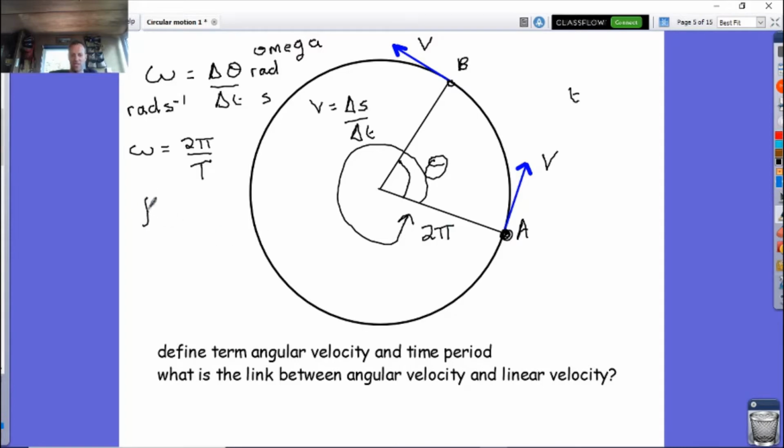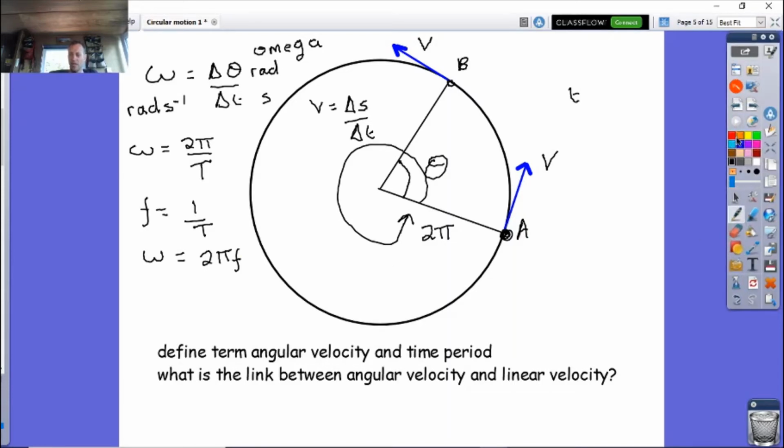Another way you can write that: frequency is 1 over the time period. Therefore, doesn't it make sense that omega equals 2 pi f? These are derived equations. You don't need to memorize them. All they're doing is completing what we did before. But hang on.